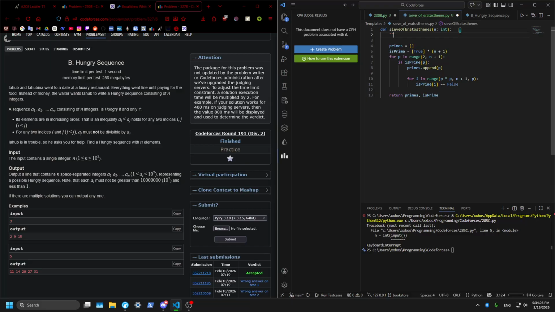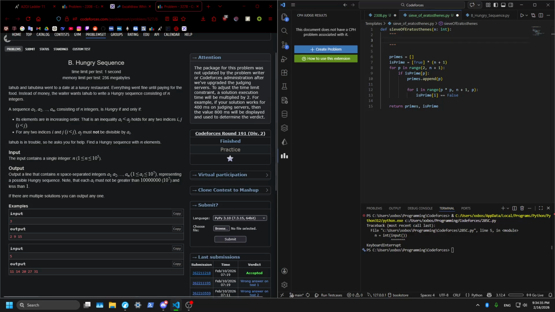Docstrings this. Here, let's try to use this first.